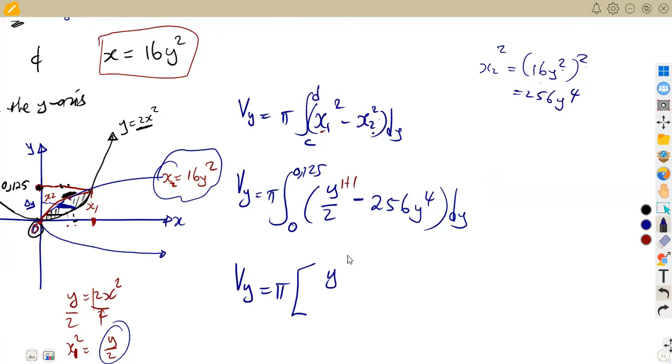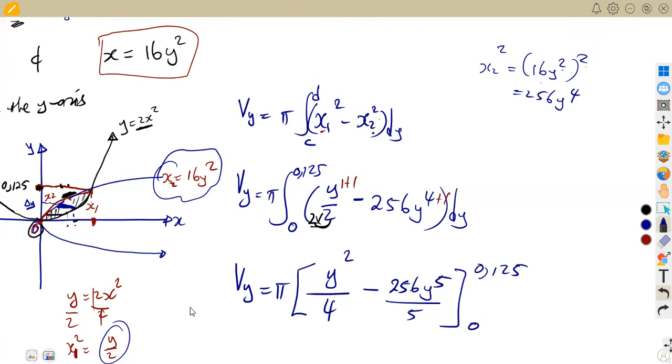So that's y to the exponent of 2 over the new exponent times this 2, so it's 2 times 2, which will be a 4. Minus, we do the same thing. This is 4, so if we add 1 here it becomes 5. So that's 256y to the exponent of 5 over 5. Then we've got our limits, 0.125 and 0.